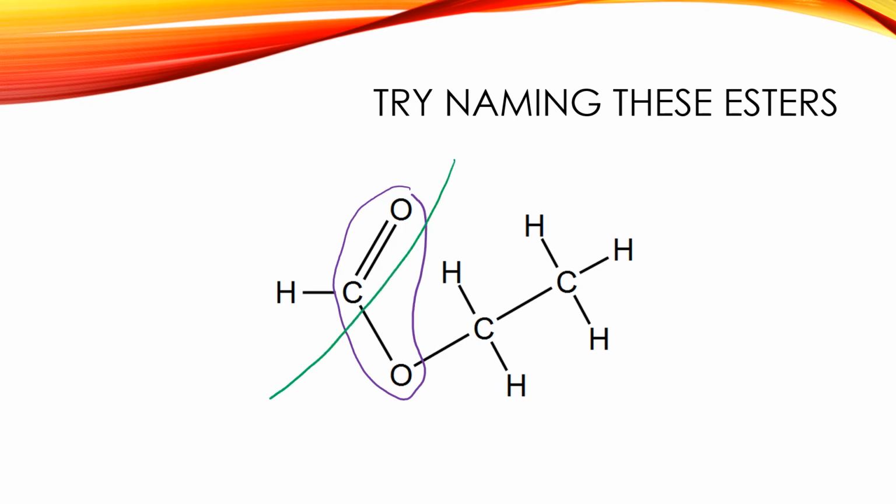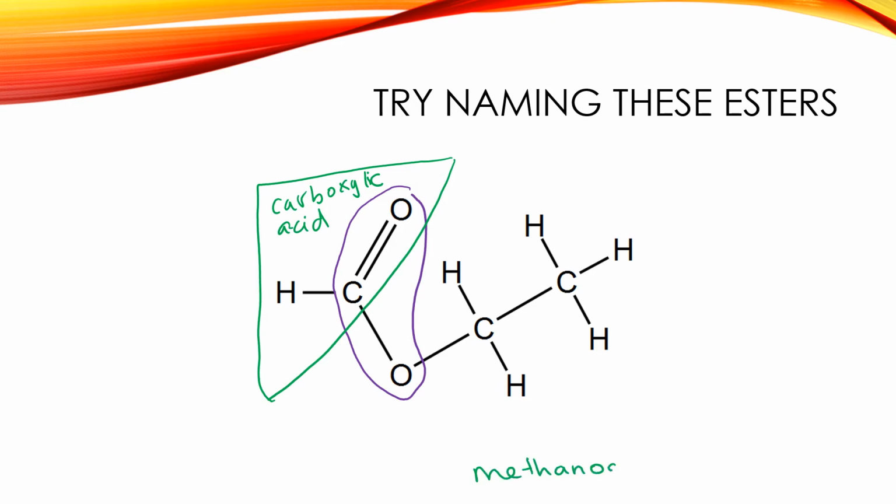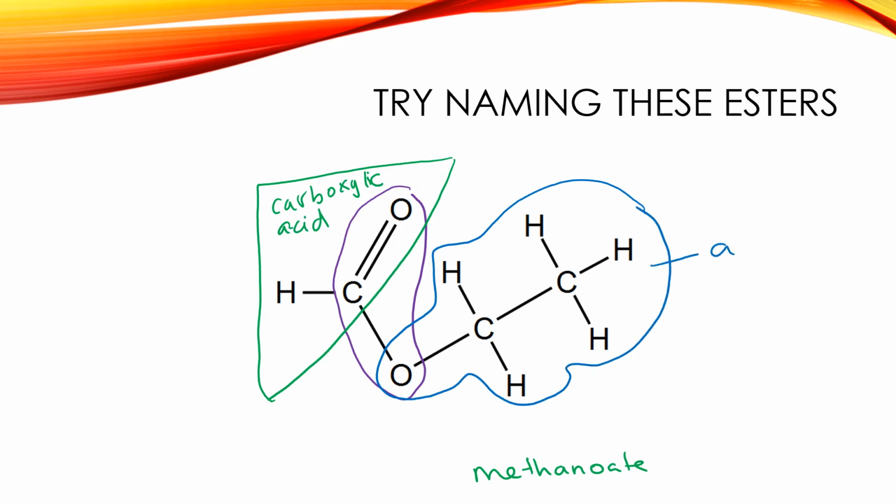This component came from the carboxylic acid and becomes the parent name. As there is only one carbon, it is a methanoate. This section came from the alcohol group. We number out from the ester group, 1, 2. There are 2 carbons, so it's ethyl methanoate.